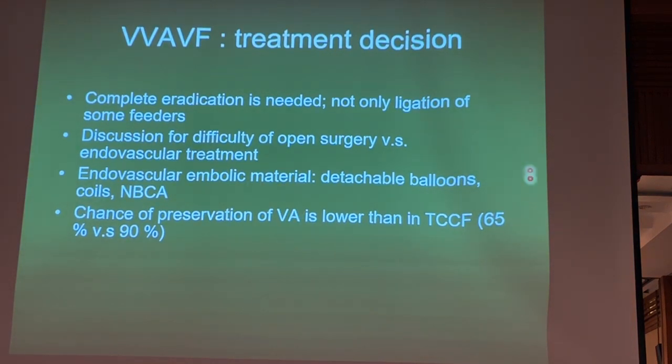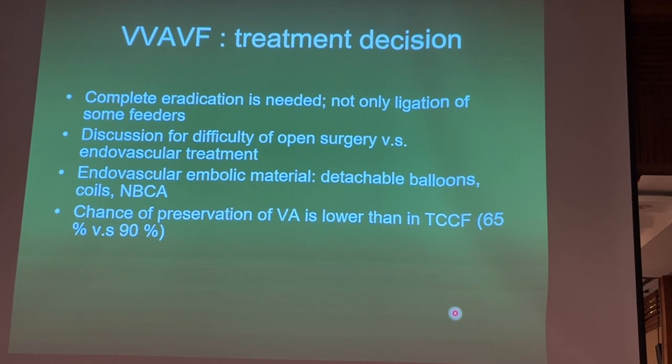So when we have this high flow fistula, for sure we want complete closure, but it's not easy. It's not like the carotid cavernous fistula, where we have a higher chance of complete closure of the fistula with preservation of the parent artery.